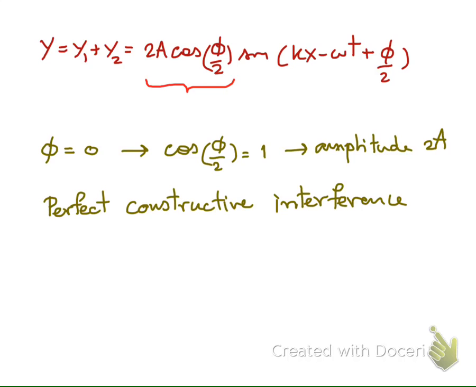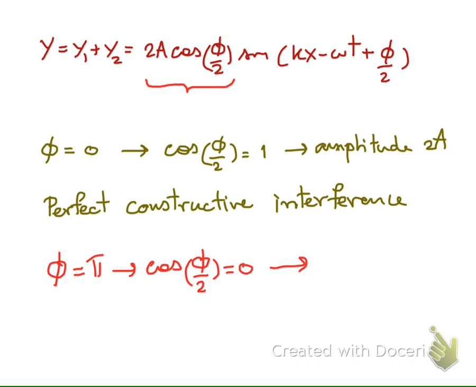That is, if phi is equal to pi, we have that cos of phi over 2 is equal to 0, because cos of pi over 2 is equal to 0.